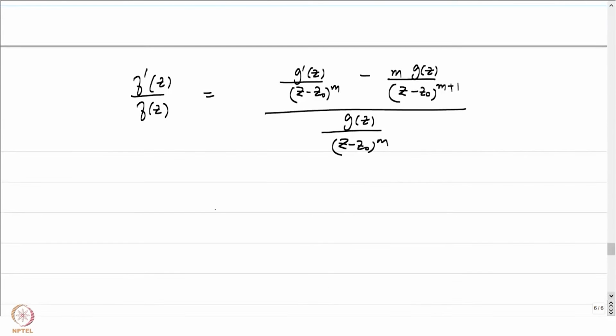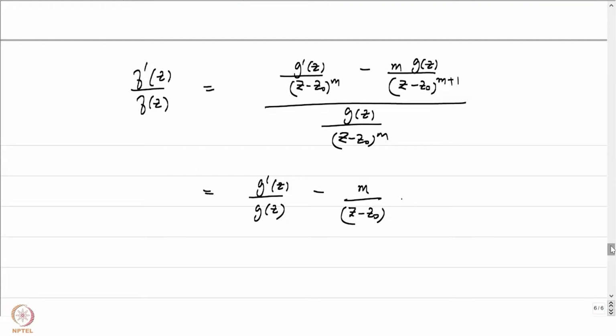So, this is going to be equal to g prime of z by g of z, which is just some holomorphic function, minus m times g of z cancels off, and what is left is z minus z0.